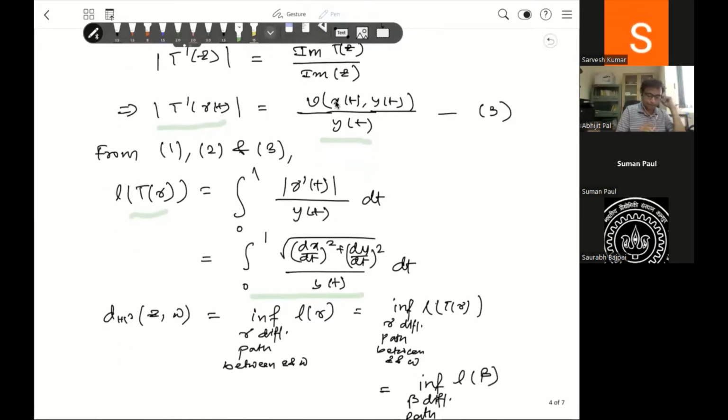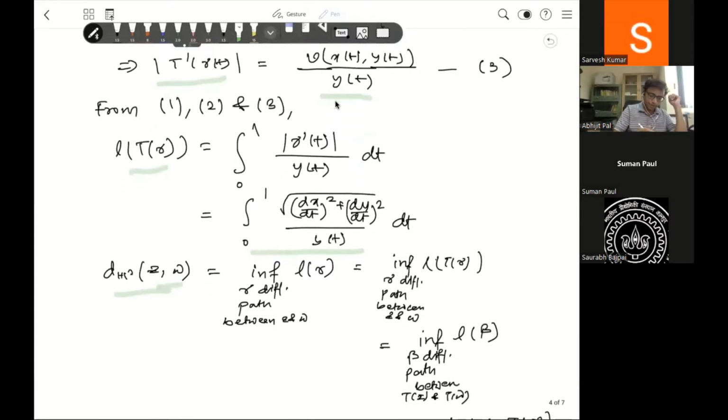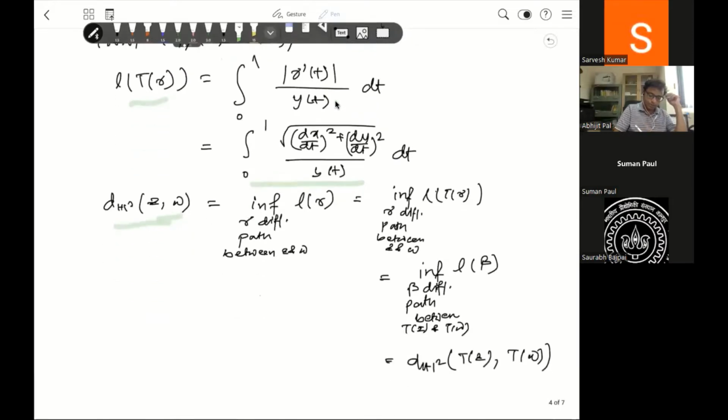From the definition of the distance function, the distance between z and w will be equal to the H2 distance of T(z) and T(w). These are very standard proofs, so I'm not going into them. I'll pass this note to you, and we can check all this.